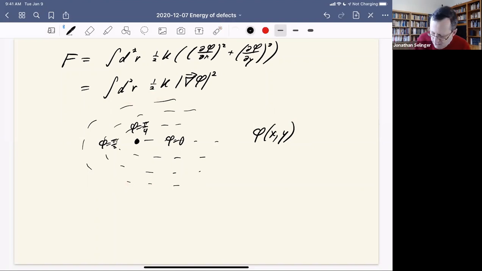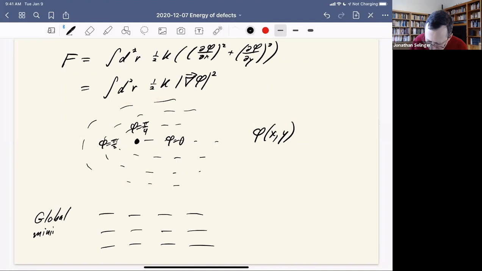The global minimum is a uniform state like this, where phi is a constant. But even so, there can be a local minimum of the Frank free energy where phi is not a constant.